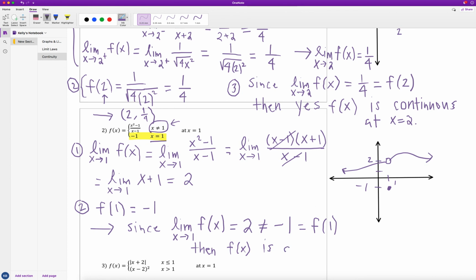So then we say that f of x is discontinuous at x equals 1.